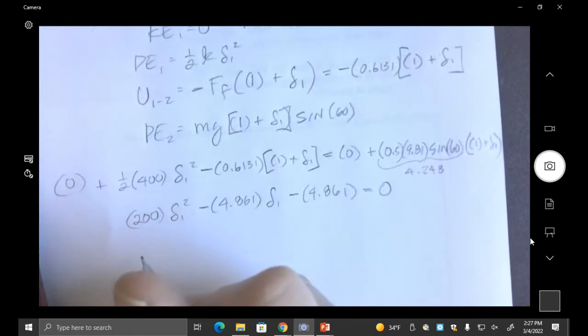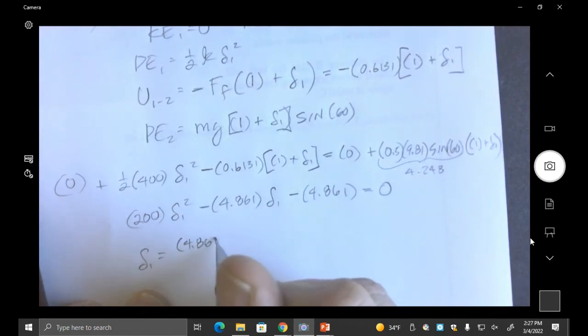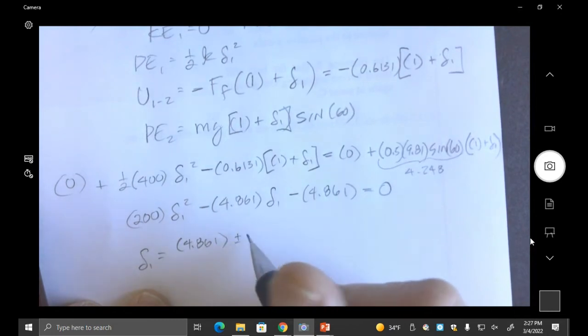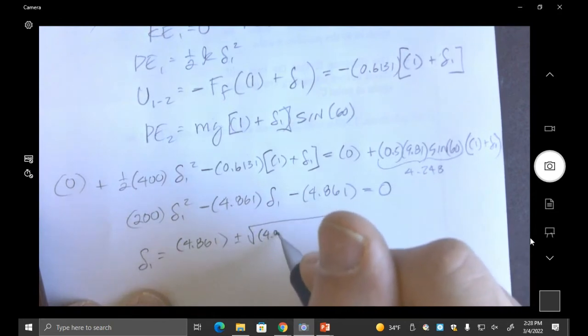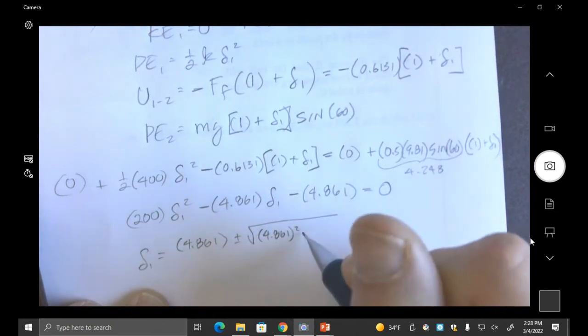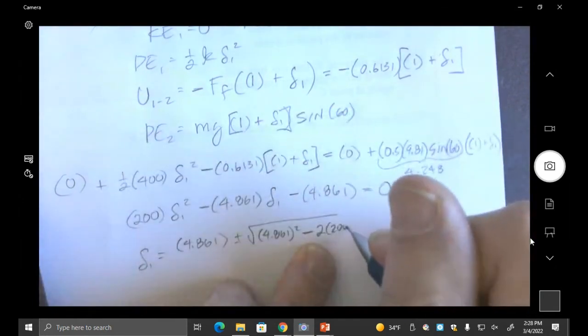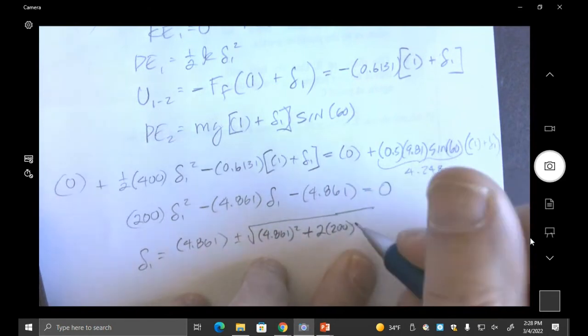And of course, your calculators, I'm sure you know how to use your calculator to get this whole thing. But me, I am too old to learn something new. So it's negative b plus or minus, b is already negative, the square root of 4.861 squared minus 4 times a, 200, c, which is negative, so that's going to make that plus.